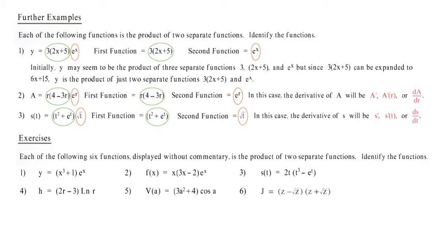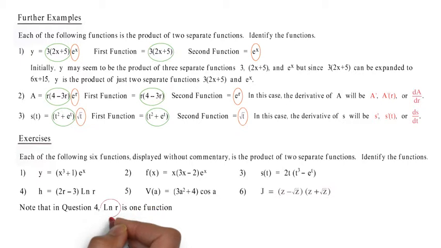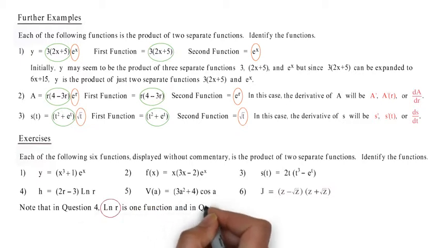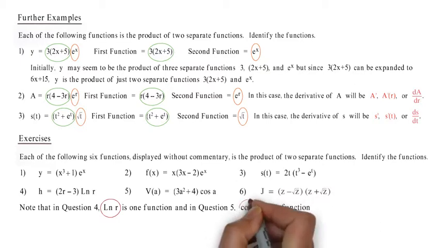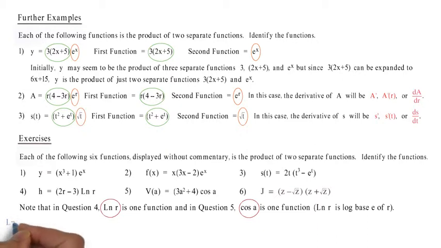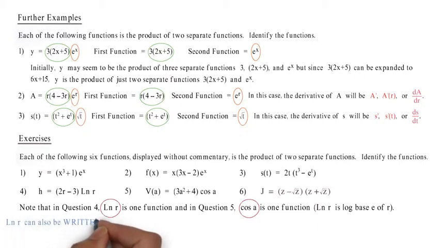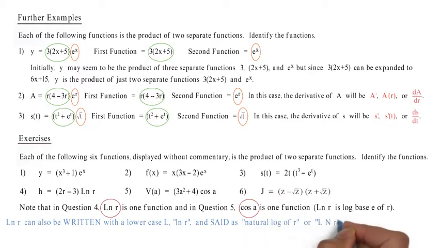Note that in question 4, ln r is one function, and in question 5, cos A is one function. ln r is log base e of r. ln r can also be written with a lowercase l and said as natural log of r or ln r.